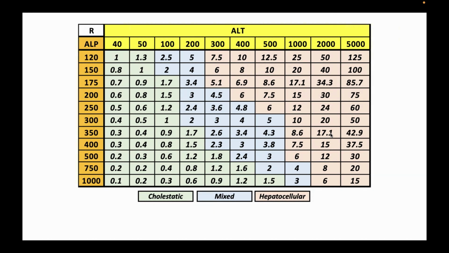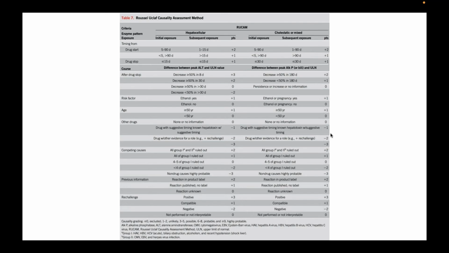The question that always arises, we're not going to go too much into this, is how do you know that this is drug-induced liver injury, not something else induced liver injury, right? How do you prove causality? And this is made by what's called the RUCAM method. This method has a number of points that you can take into account, and if it's above 9, then it's highly probable that the drug caused the hepatocellular or cholestatic or mixed injury.